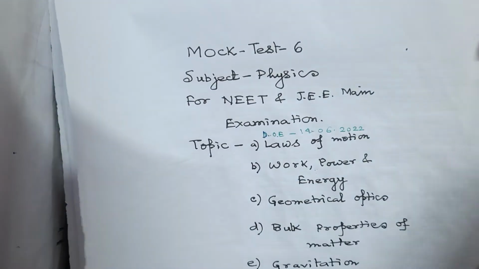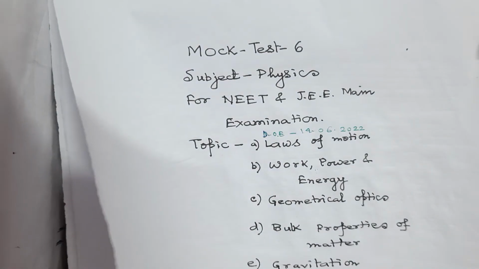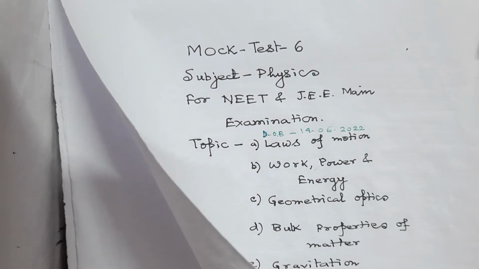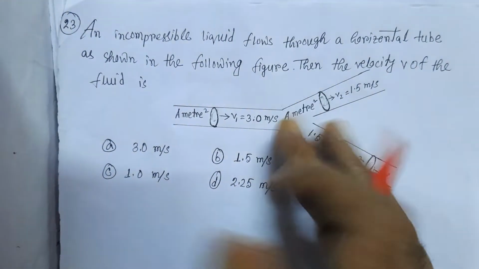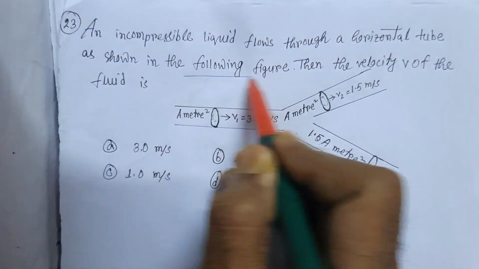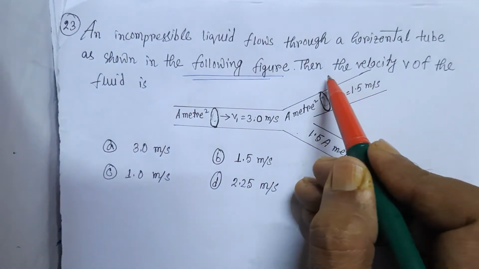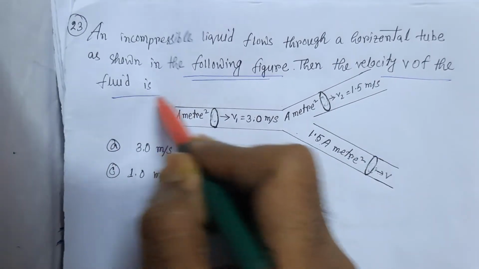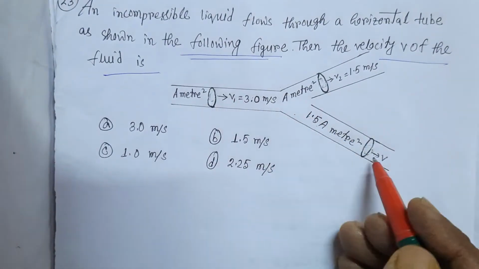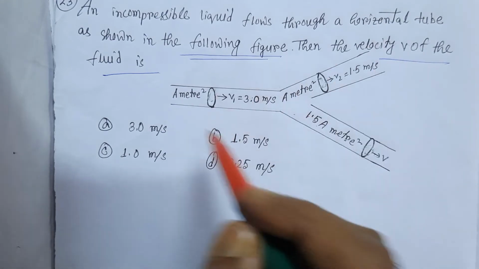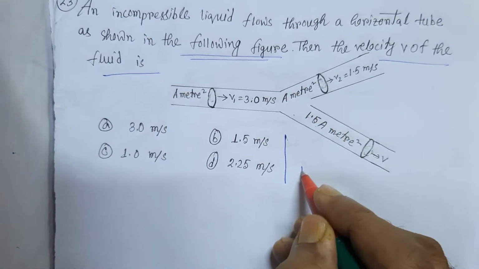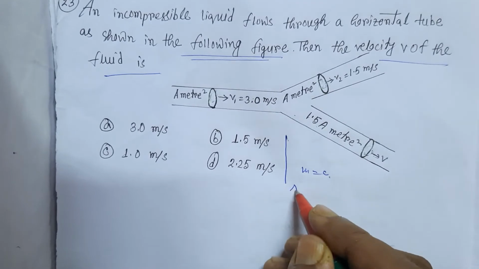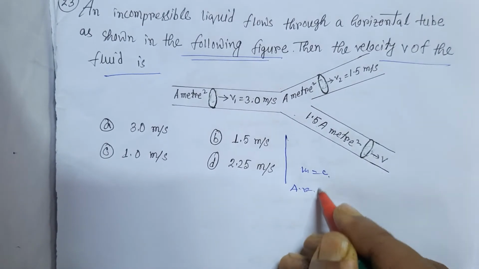Now let us take question number 23. An incompressible liquid flows through a horizontal tube as shown in the following figure. Then the velocity V of the liquid is. Now we have to consider the equation of continuity, and it is also taken that it is an incompressible fluid. So from the equation of continuity we know that mass is constant, that is A into V into rho equals constant.